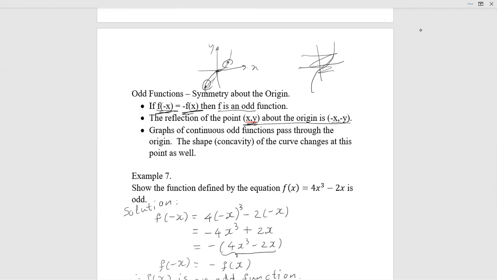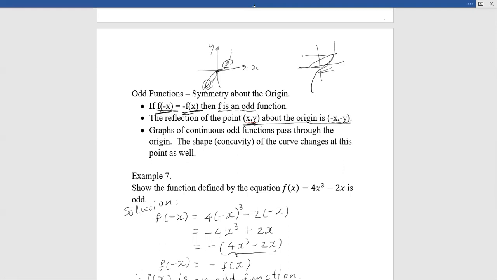Graphs of continuous odd functions pass through the origin. I showed it here. It has to pass through the origin. The concavity of the curve changes at that point as well. On the right side of the x-axis, it is concave up. On the left side of the x-axis, it is concave down, right?